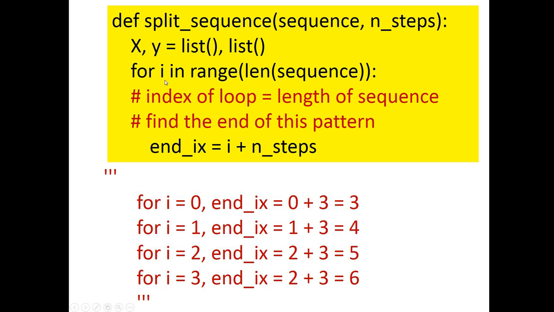So, for i in range, the number of sequences, in our case 9 data points, so it will be 0 to 8. It creates a variable called end_ix, which is equal to i plus n_steps. So when i is equal to 0, it will be 3.